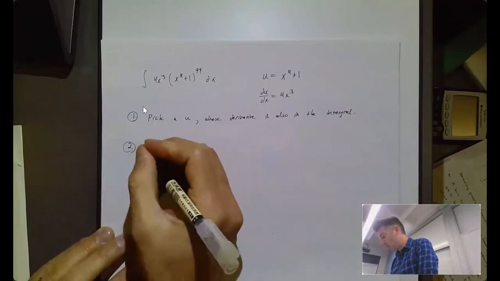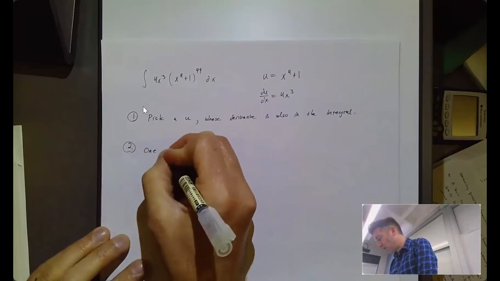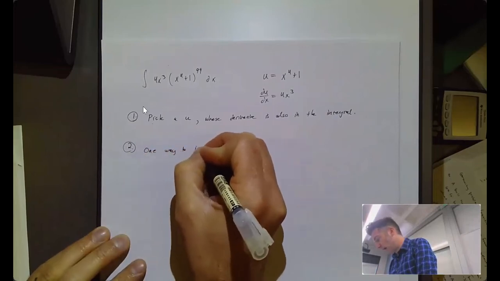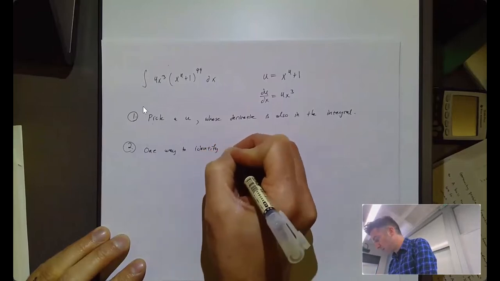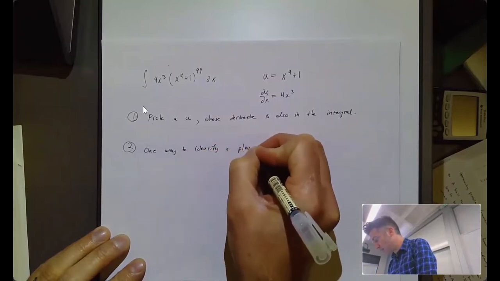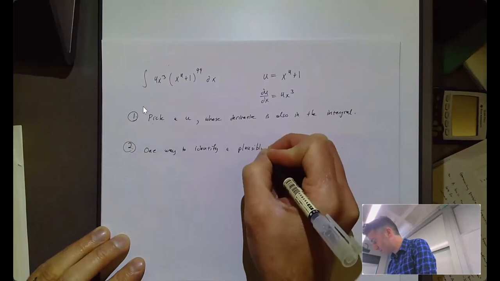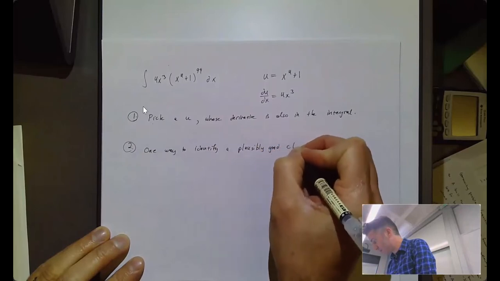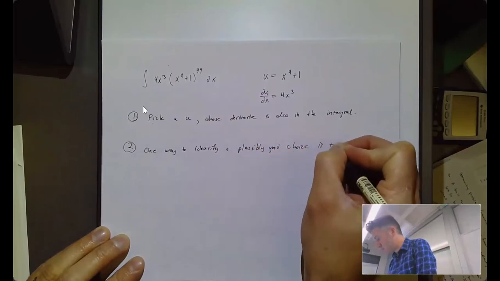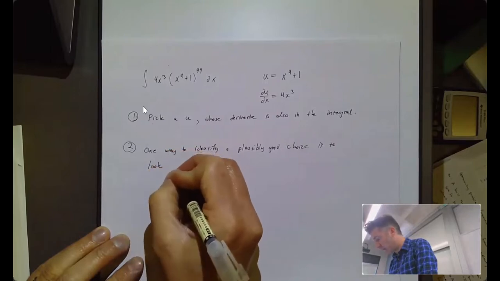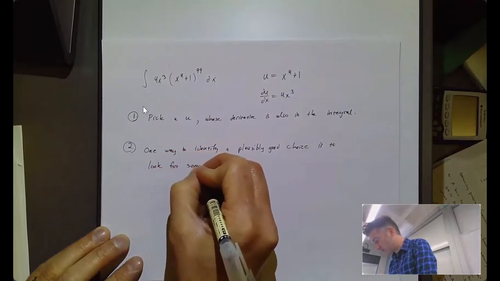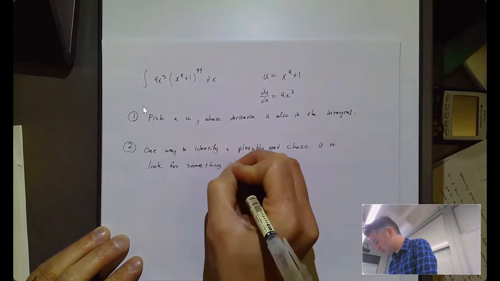Typically, one way to identify a plausibly good choice is to look for something that is stuck. That's the word I like to say.